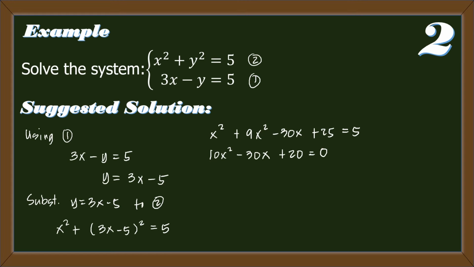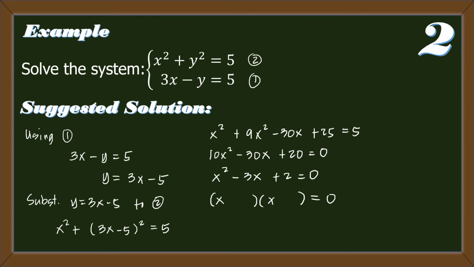Notice that we can simplify the equation by dividing all terms by 10. Then we have x squared minus 3x plus 2 equals 0. From here, let us solve the quadratic equation by factoring. So we have two binomials in x.